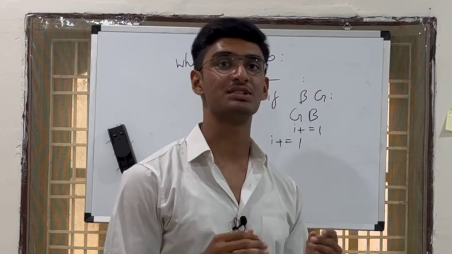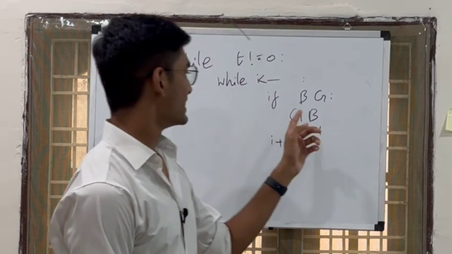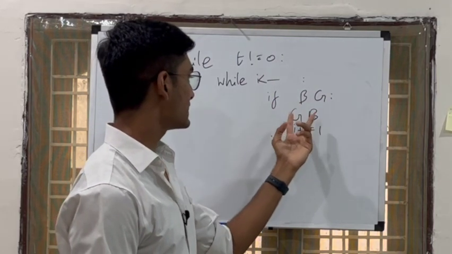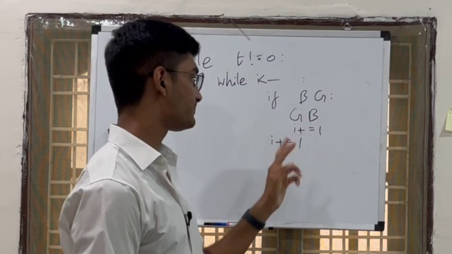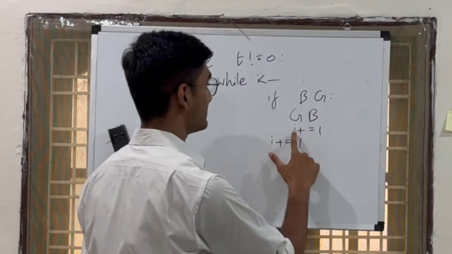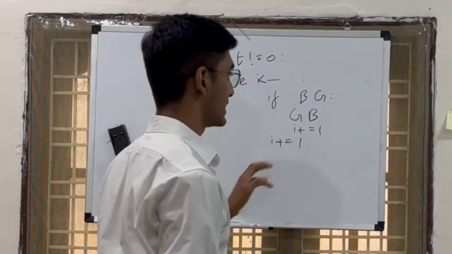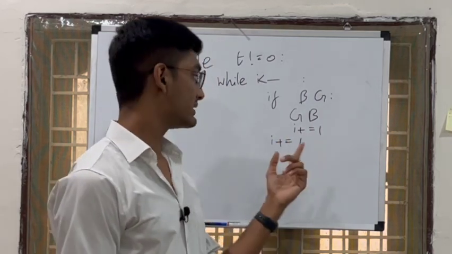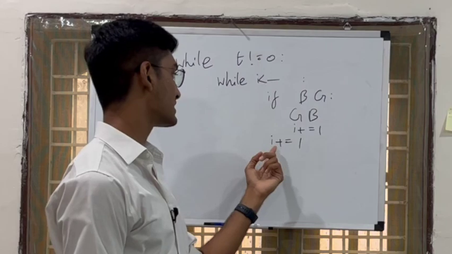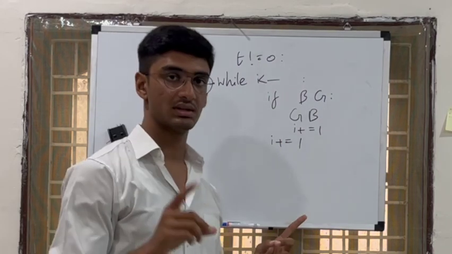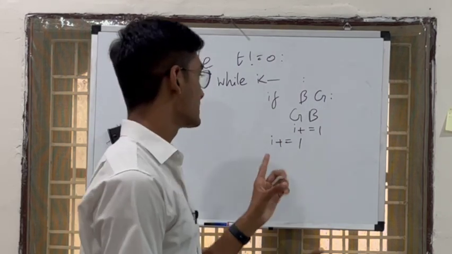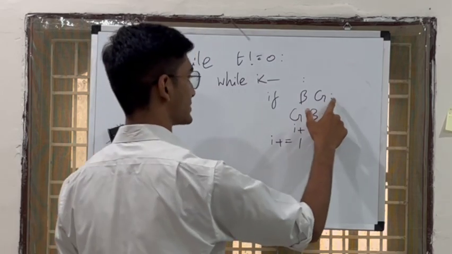If that is the case, then you replace it with G and B, and i plus equals 1. i will be incremented by 1 again, even though it's been incremented here, if nothing happens. This is because, say there are two girls here.